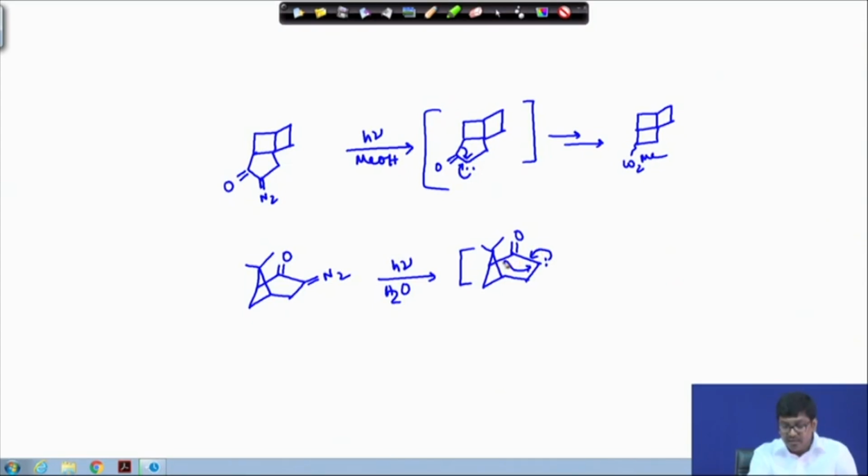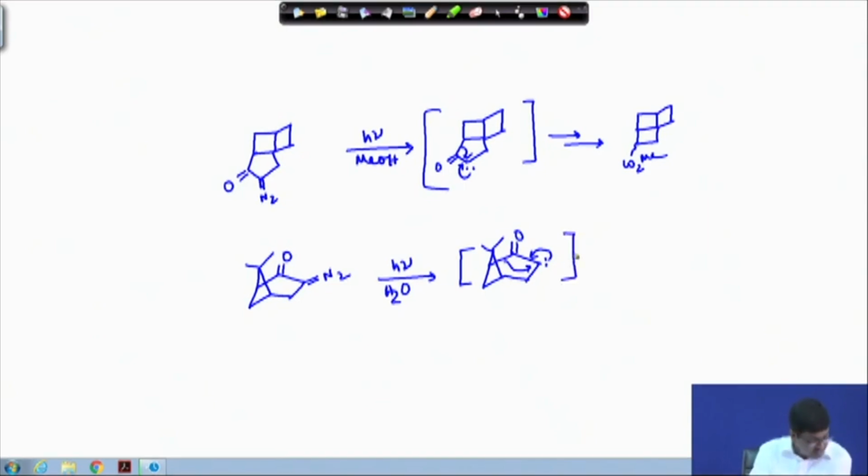Obviously, here if you see, this bond is associated with two other carbon-carbon bonds, so the possibility of its migration is lower, whereas this other bond is associated with one carbon as well as 2 hydrogens. So, this particular bond can migrate and the migrating aptitude will be higher here.